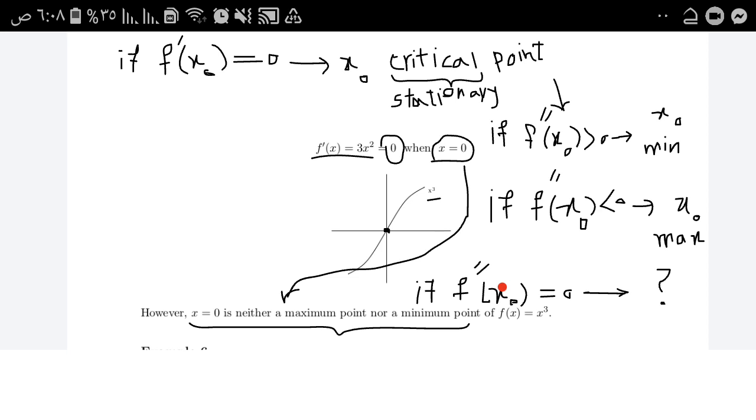As you said, in this case the solution is not max not min.